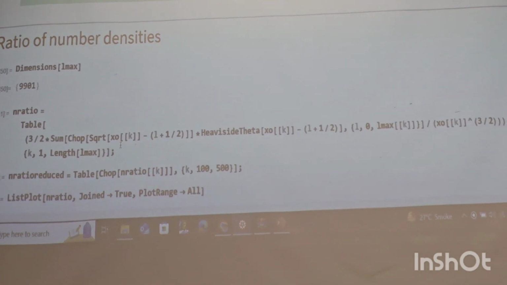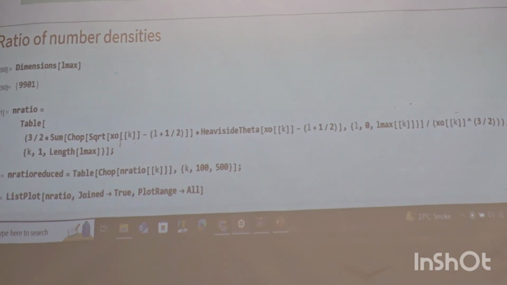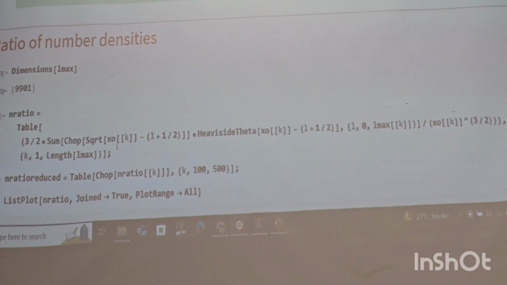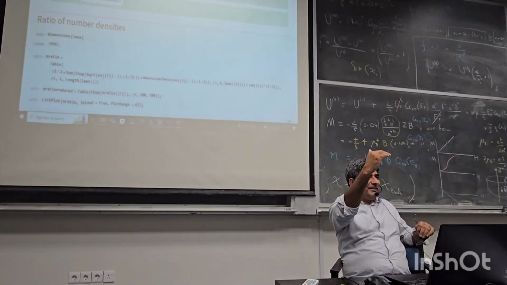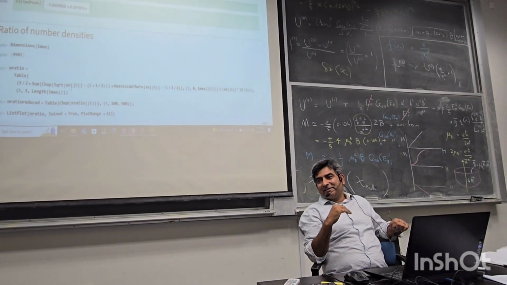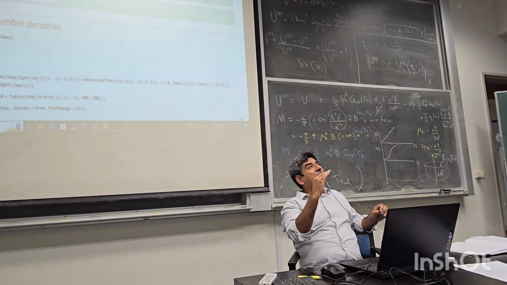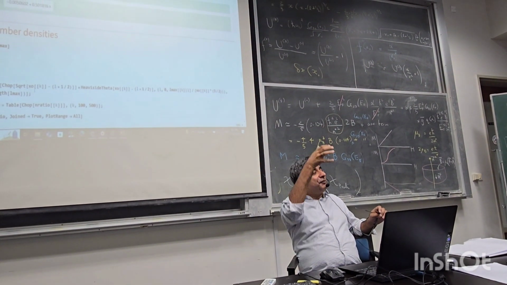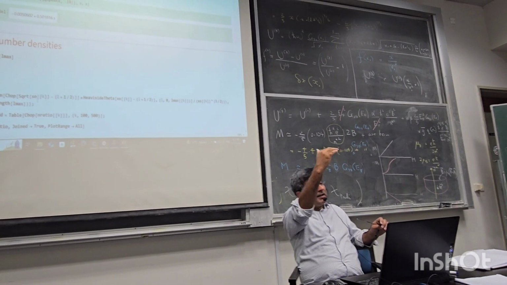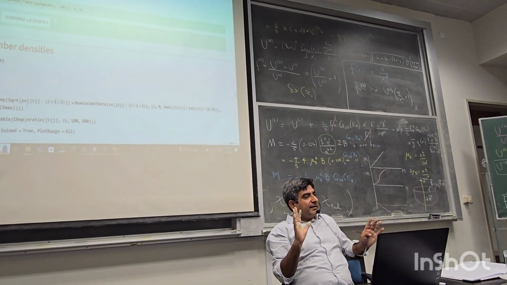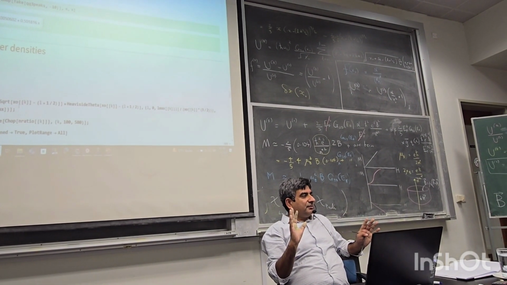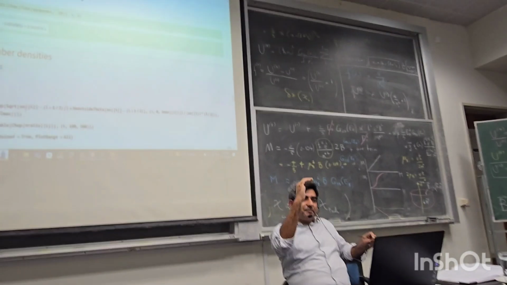So if the Fermi level has gone down, then more electrons can fill up till the unperturbed Fermi level. If the Fermi level has gone up, fewer electrons now fill up till the unperturbed Fermi level. So I plotted the ratio of n and n naught, up till the unperturbed Fermi level.